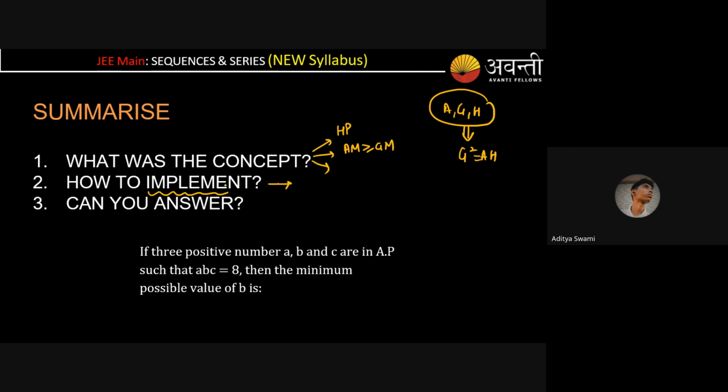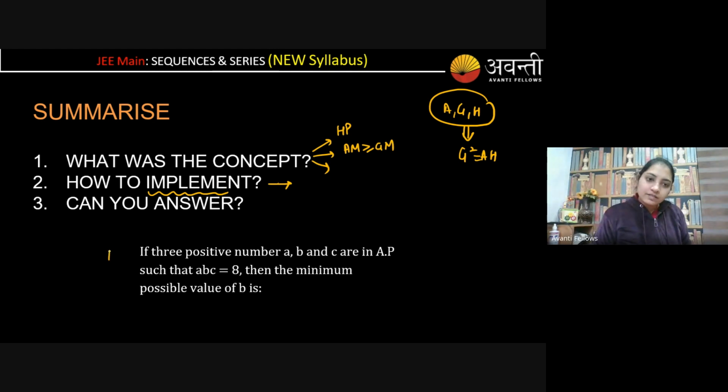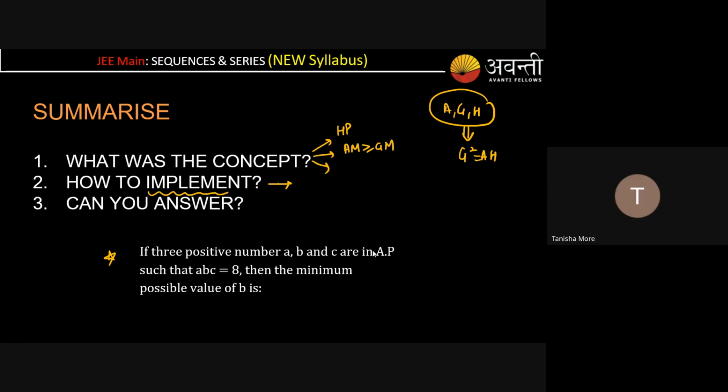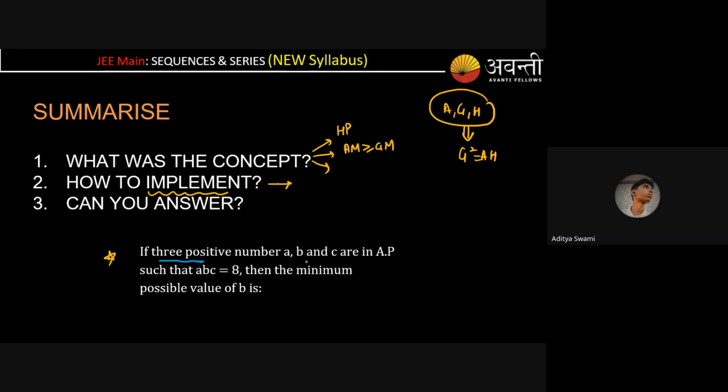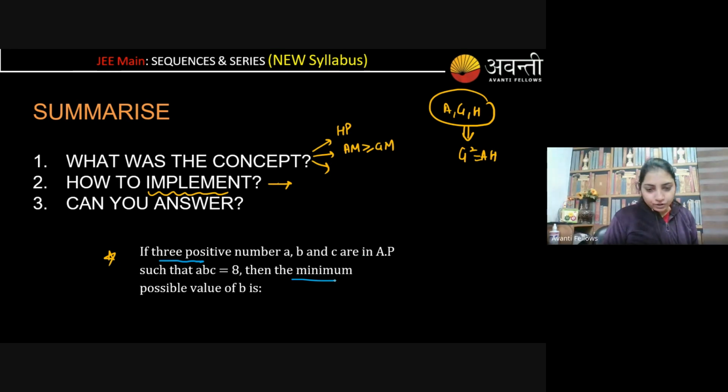So do you learn how to implement the concept in your JEE problems? Yes, ma'am. Okay. Can you answer this question? Be quick. I think you guys covered this part. What concept must I implement for solving this question? Relation between AM and GM. Okay. So it means three positive numbers are there. Their product is given and they are in AP, right? Yes, ma'am. And minimum value I need to find.